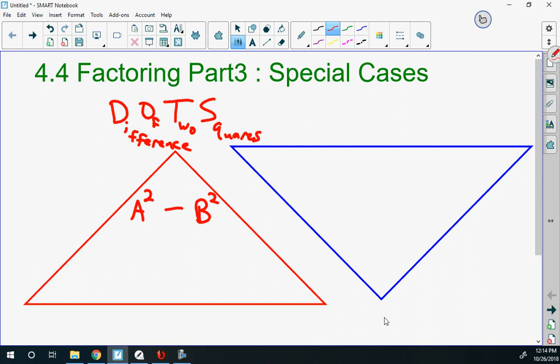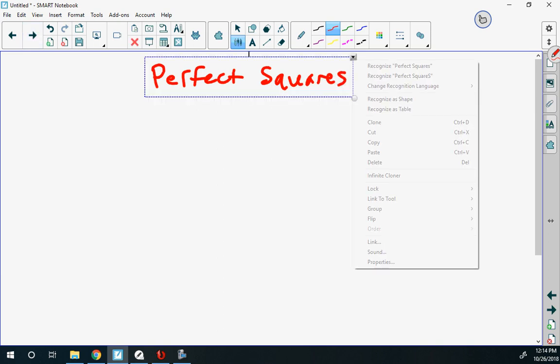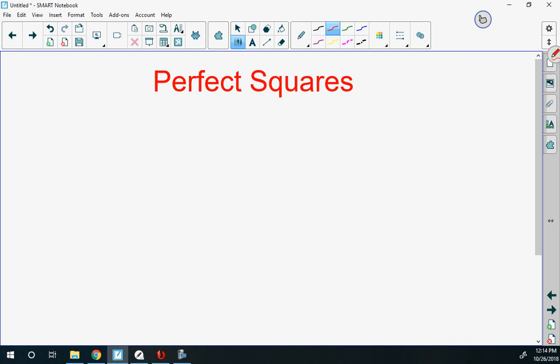So I think it'd be a wise move to talk about what perfect squares are and to list them out. My second period class already had this lesson today, and I told them that I expect them to memorize these 20 perfect squares.